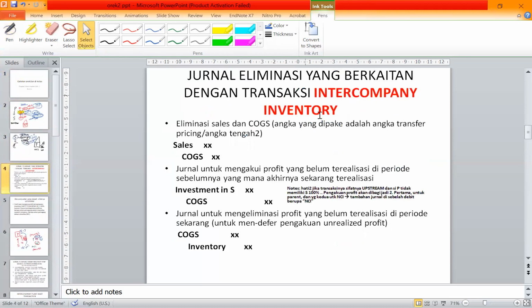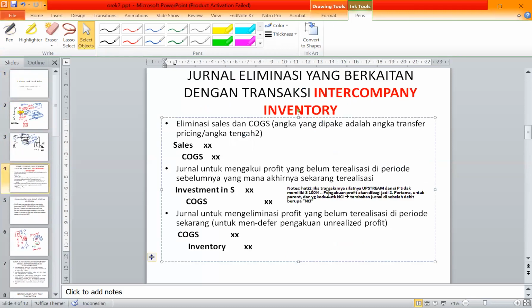Please be careful if the transaction is upstream, because P does not own S 100%, so the recognition of the profit also cannot be 100%.